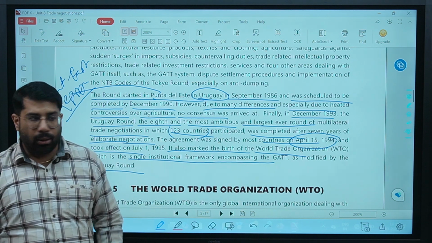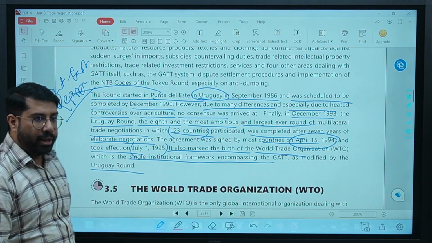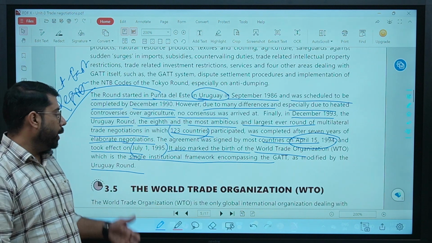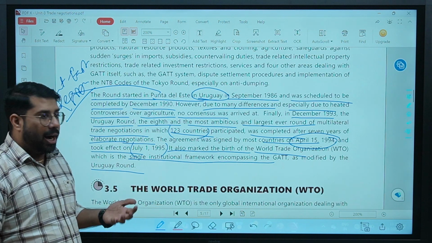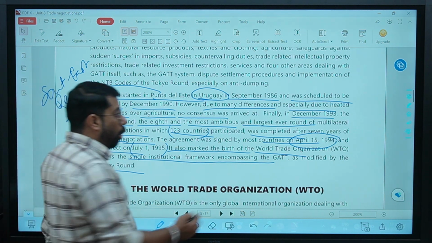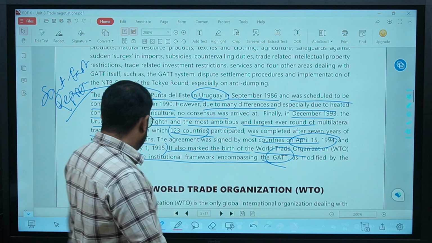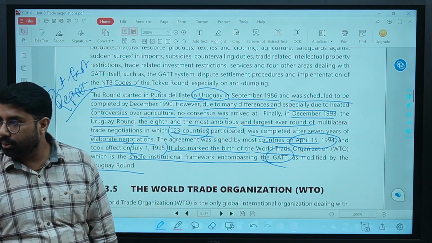And this agreement was executed on 1st July 95 and on the same day, WTO was born. It came as the successor of GATT and started controlling the world trade. Understood? Everybody, yes? Sure?